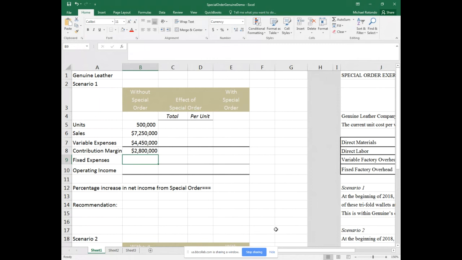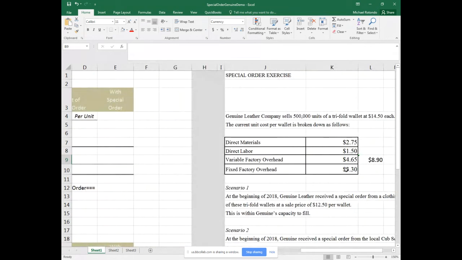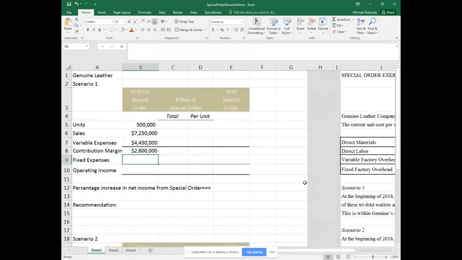Now, a lot of the time when we've done this, our fixed expenses are expressed in a total. In this case, they're expressed in a per unit amount, and that's based on the 500,000 units. So our fixed expenses would be the 500,000 units times $3.30 per unit, which gives us $1,650,000.